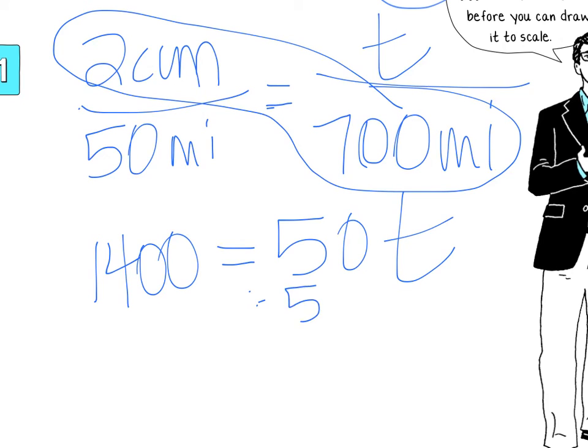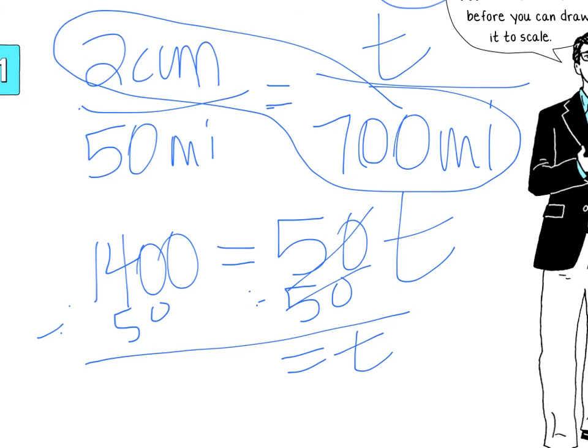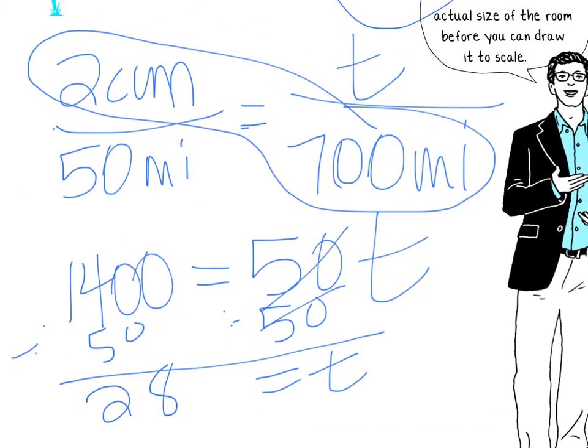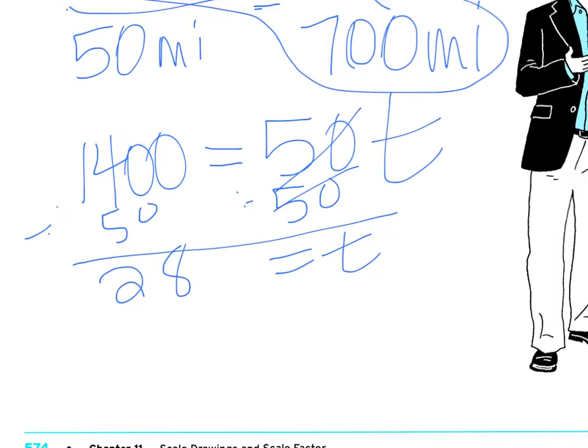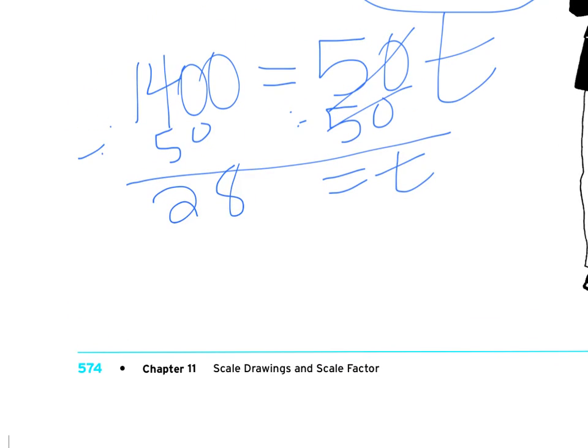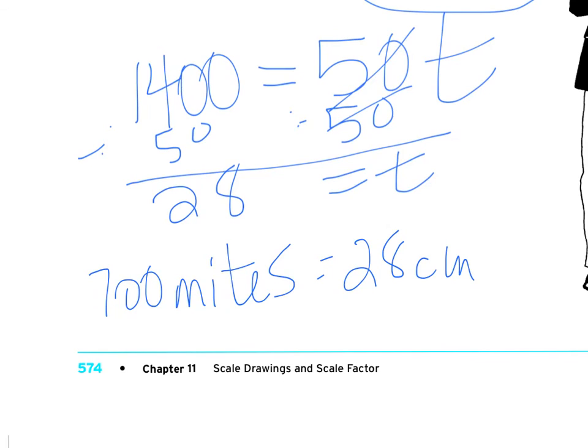Divide by 50, divide by 50, cancel, t equals, did you do it yet? 28, which means that when I travel 700 miles, equals 28 centimeters on my map.